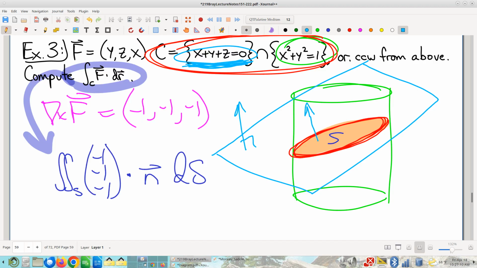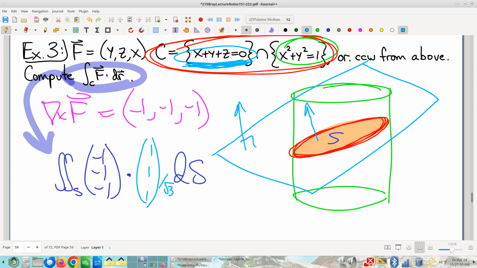And yeah, I've got to worry about orientations, something to think about. But other than a plus or minus, I can read the normal vector straight off of the equation given in the question. And so this normal vector is just (1, 1, 1). And of course I have to make it a unit vector.